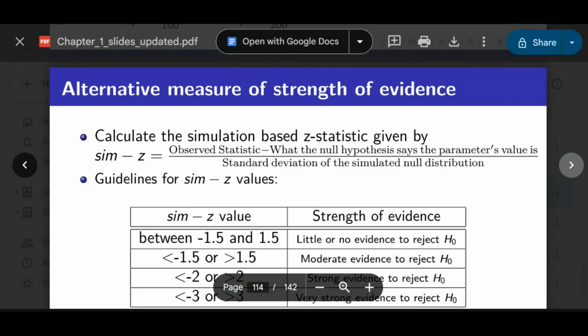That's why you have a strength of evidence chart that uses the z statistic and the p-value. I told you about the seesaw last time. As your z statistic gets bigger in size, your p-value will drop. They have an inverse relationship. So that's the formula for SimZ, which you have correctly told me.